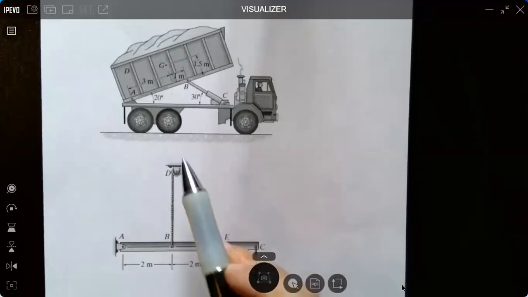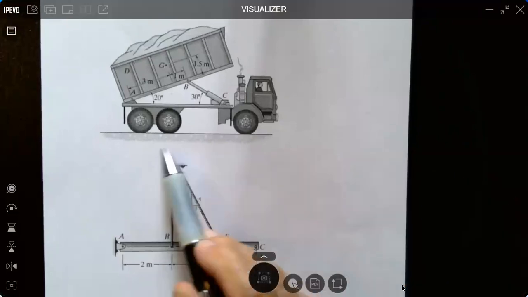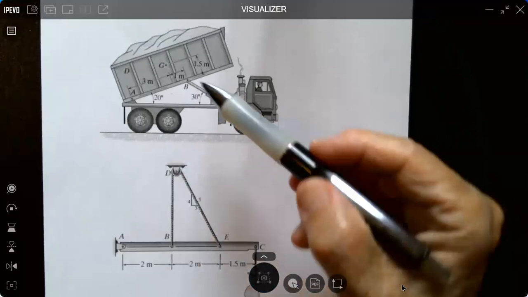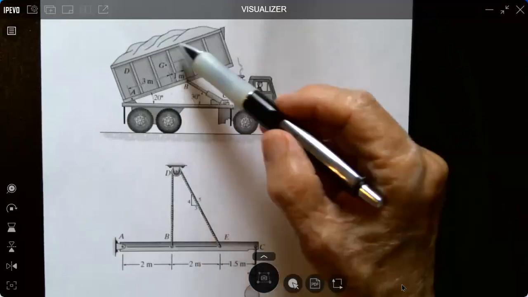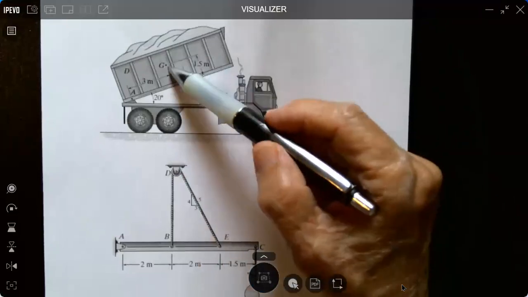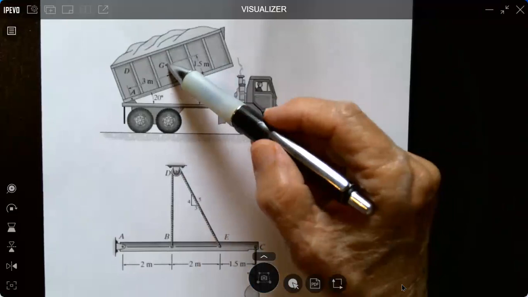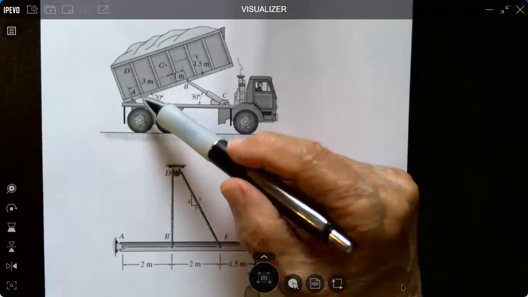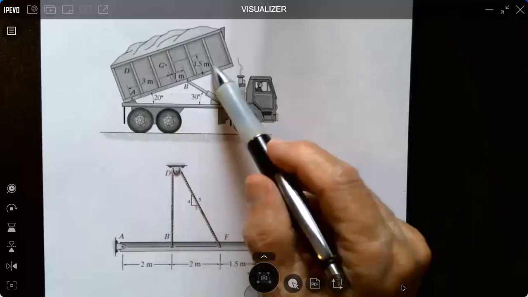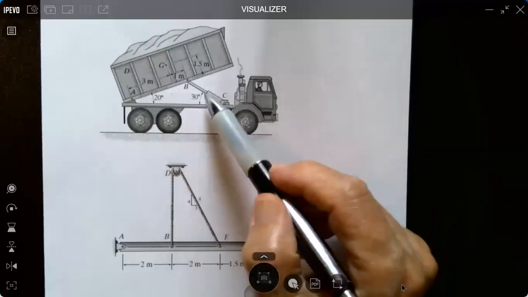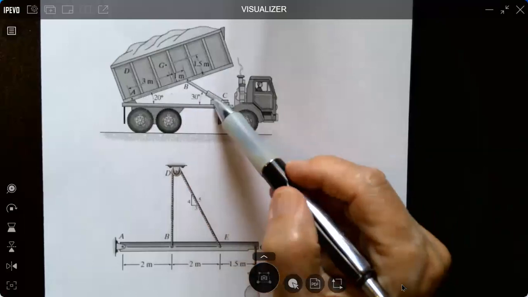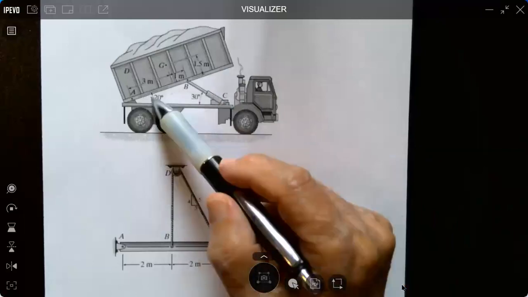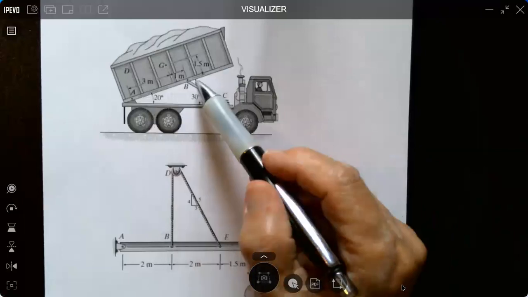So here's a dump truck. We know the weight of the bed and the load is applied at the center of gravity. So we have a weight. We've got dimensions along the bed of the truck. It's lifted by this hydraulic ram, 30 degrees.